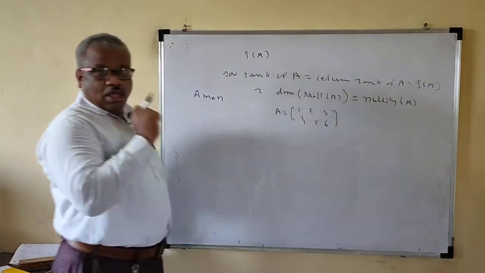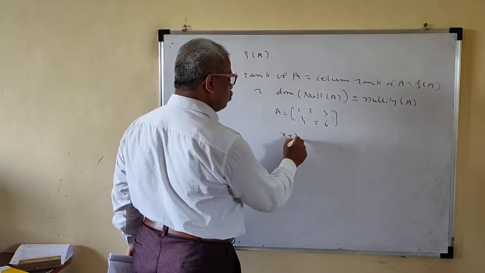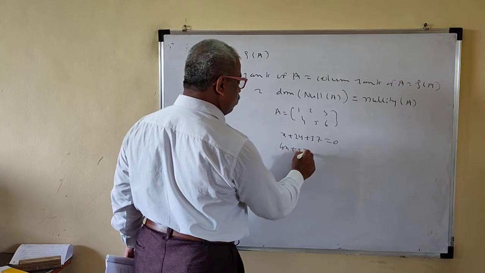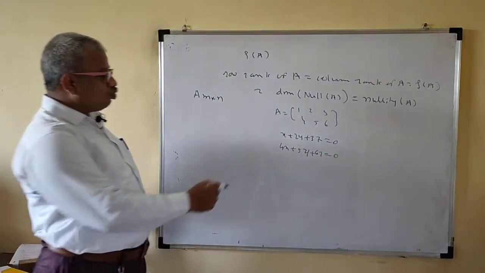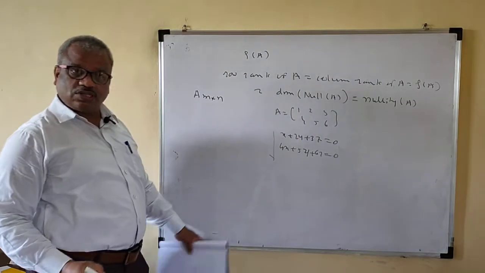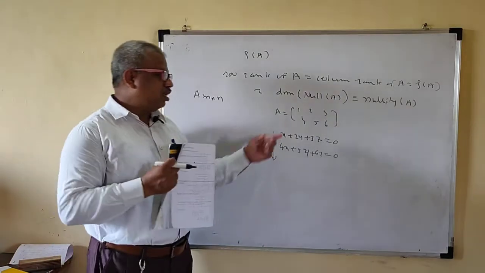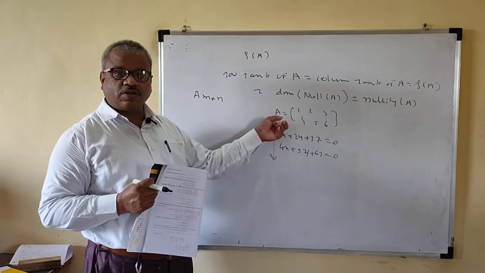So this is x plus 2y plus 3z equals 0, and 4x plus 5y plus 6z equals 0. This is the homogeneous system, and the solution space of this system is nothing but the null space of A.